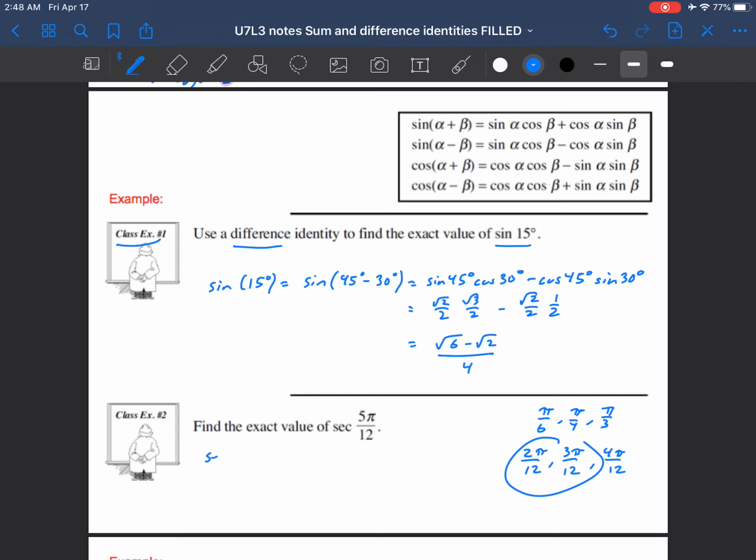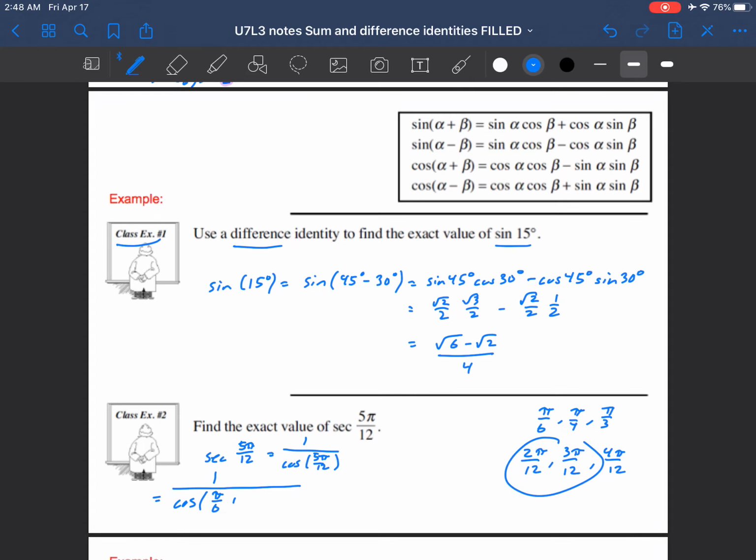So the secant of 5 pi over 12, well, that's the same thing as 1 over the cosine of 5 pi over 12, which is the same thing as 1 over the cosine of 2 pi over 12 plus 3 pi over 12. So I'm going to write it this way just to make it a little bit easier on myself. Pi over 6 plus pi over 4.